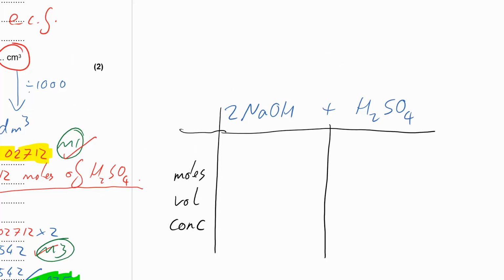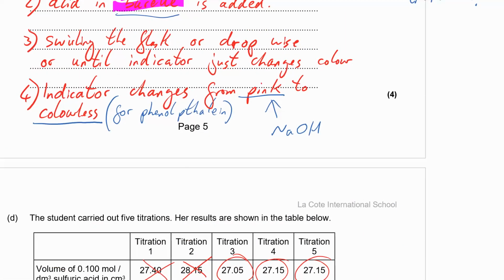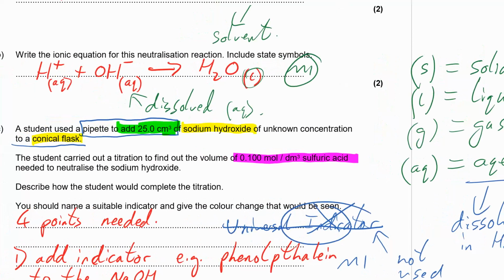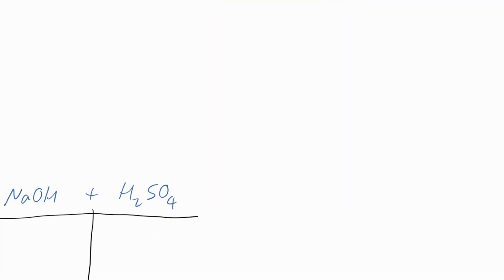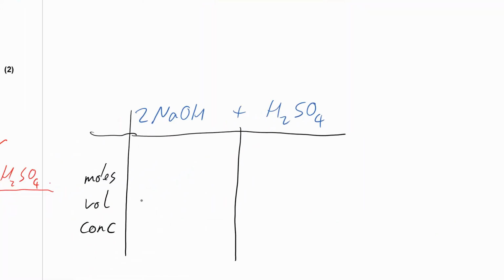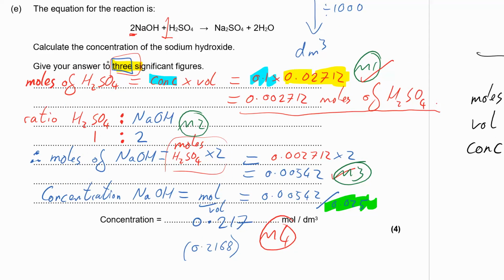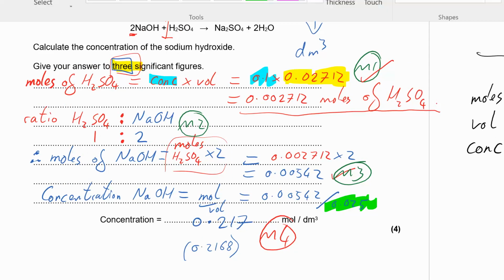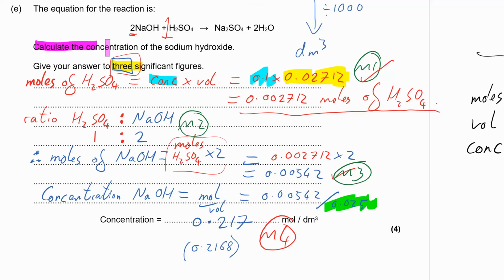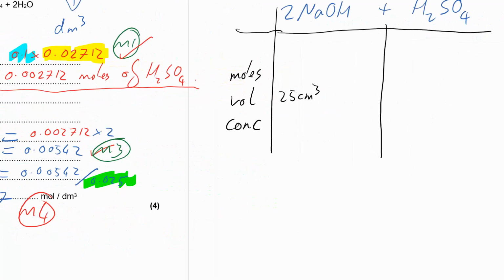Then you want to fill in the values that you know. So this is 25 centimeters of sodium hydroxide, so that is a volume. So this is 25 centimeters cubed. The question asks you, calculate the concentration of sodium hydroxide.